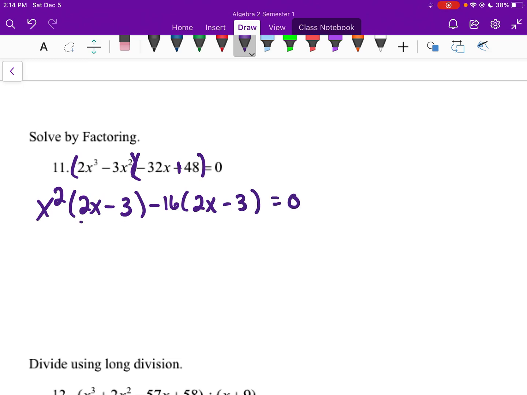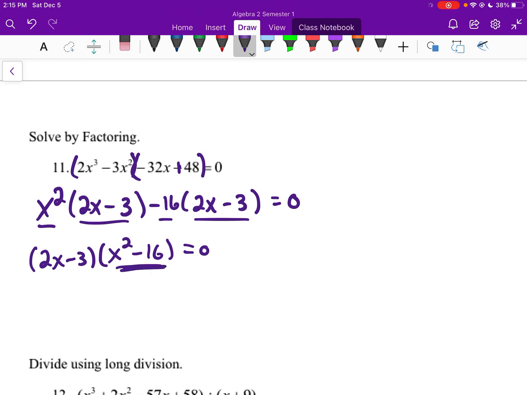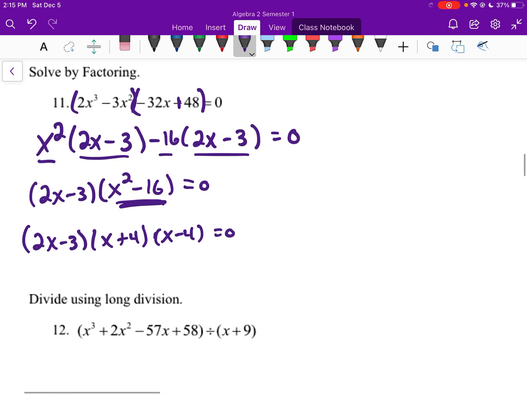Again, set it equal to 0 since we are solving. Now we have a common factor again, 2x minus 3, and then we're left with x squared minus 16 equals 0. Right here, that is another difference of squares, so we can factor that further into x plus 4, x minus 4.